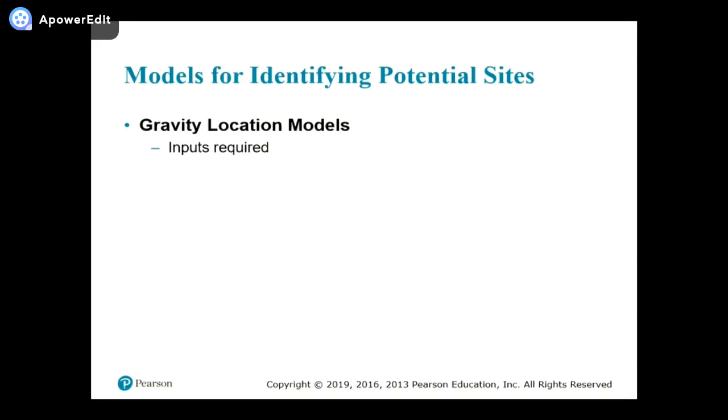In the gravity model, the inputs required are first the locations, for example, the coordinates of either a market or a supply source, depending on which distance you want to consider, and you can consider both.